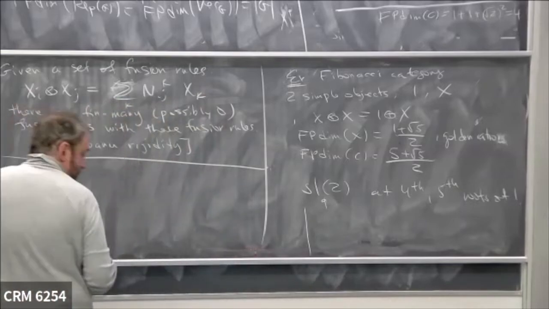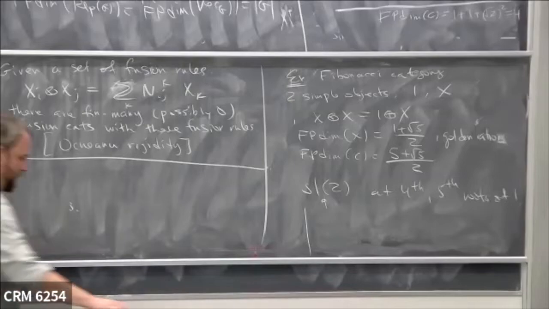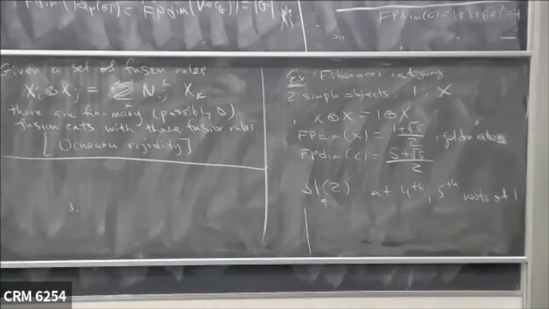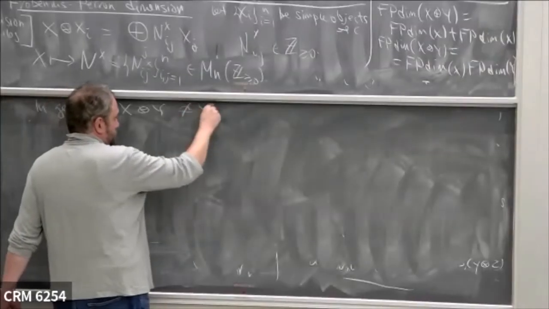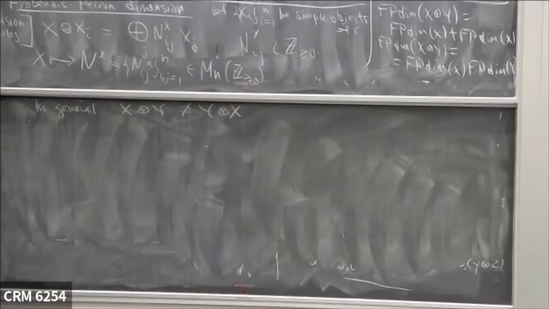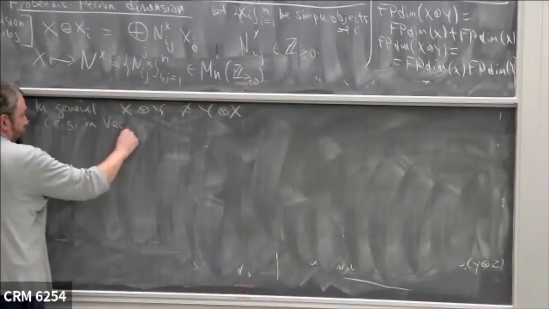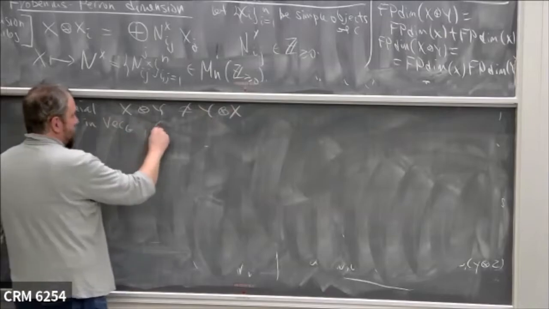So, braided categories. Let me first say that in general, the tensor product of 2 objects certainly depends on the order. So X tensor Y is not isomorphic to Y tensor X, for example, in the category of G-graded spaces when G is not abelian.